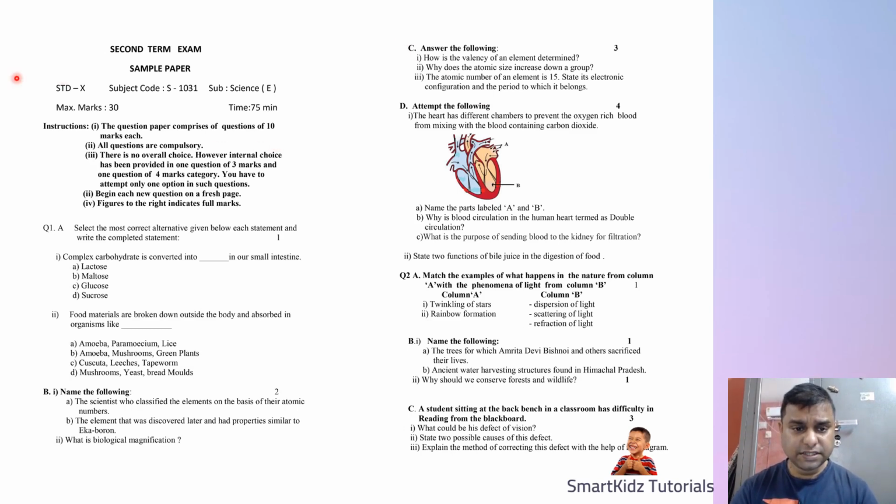Okay. So this is the first 2 pages of your paper, and if you notice over here, there are name the following sections. Then there are 1 mark questions, some of which are direct, some of which are application questions. Then you have the next part, the 3rd and 4th page.